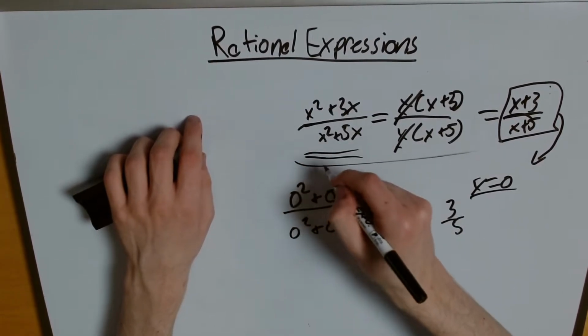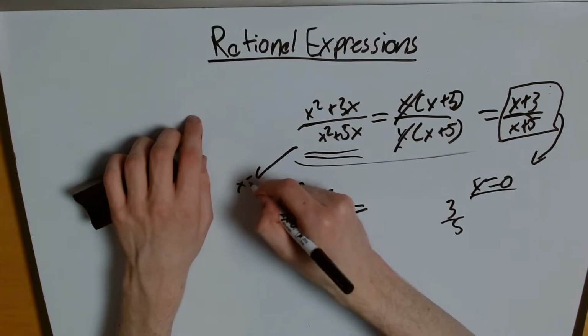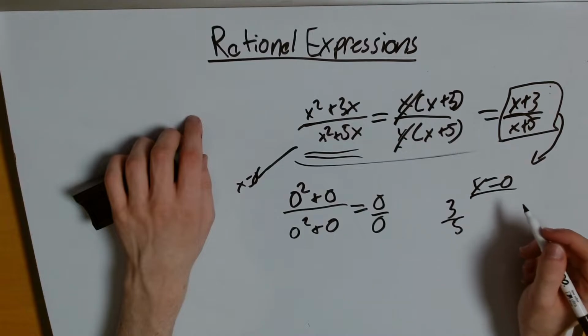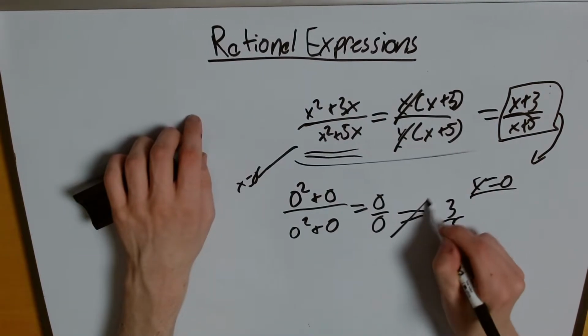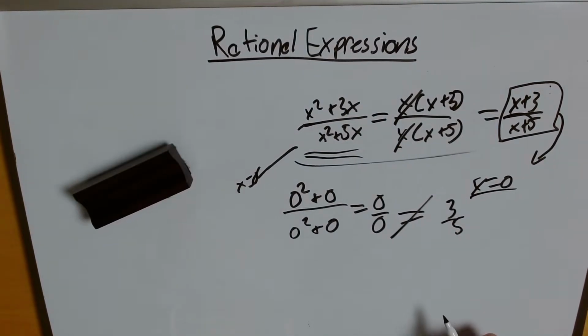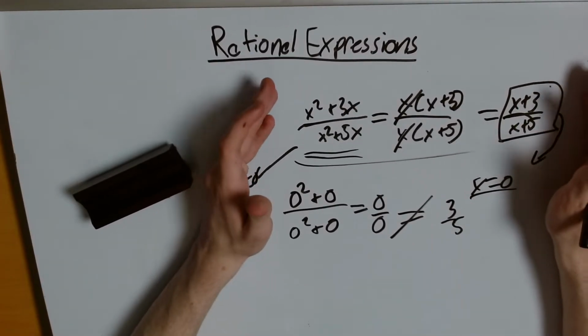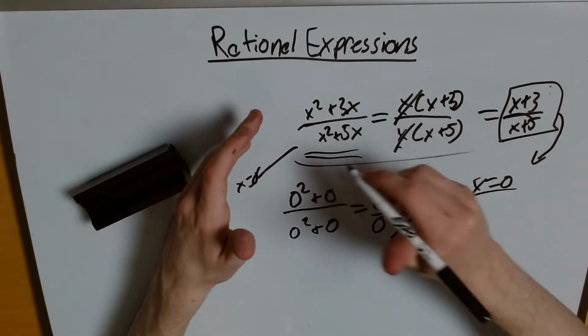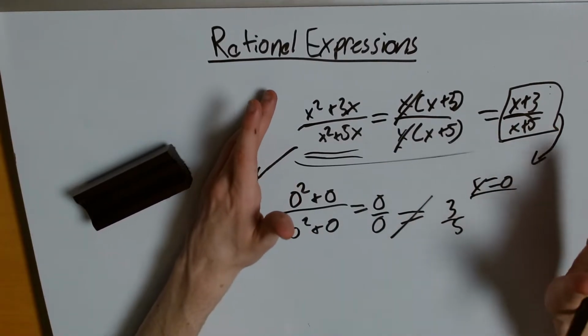So plugging in x equals 0 into this original expression, I get 0 over 0, which is plainly not 3/5. So even though we simplified this expression perfectly normally, we get expressions where if we plug in 0, we get 2 different results.